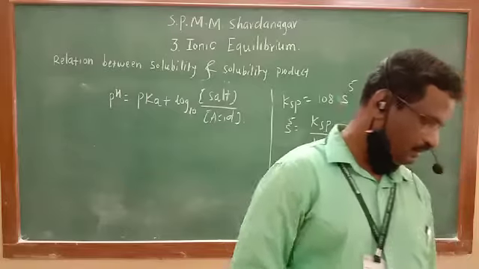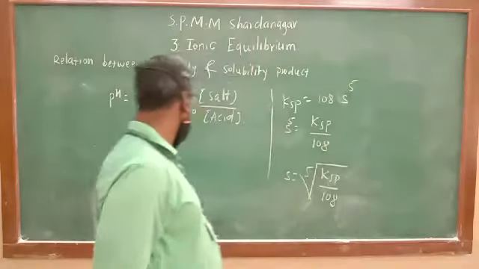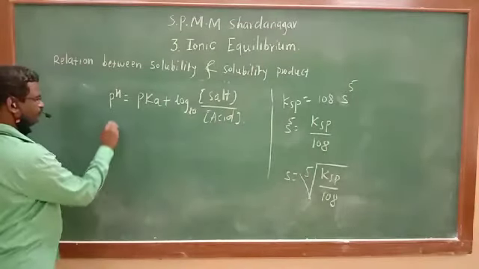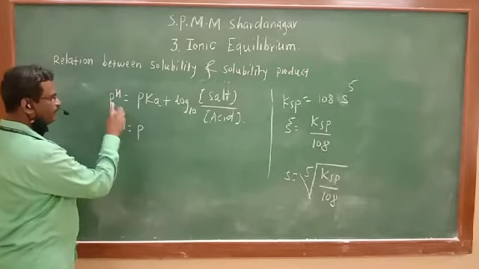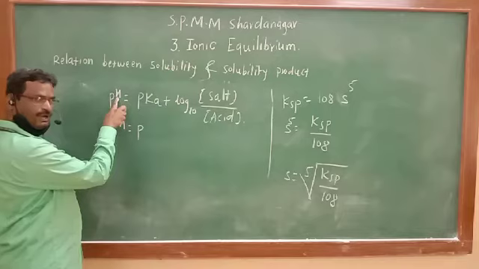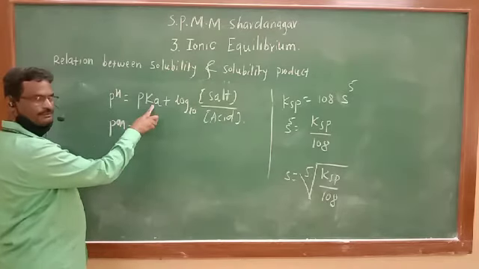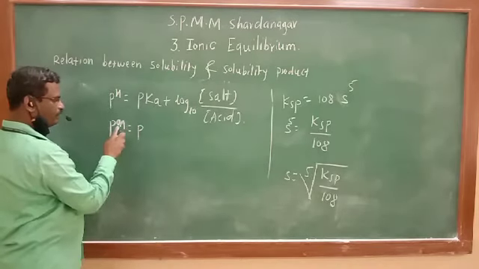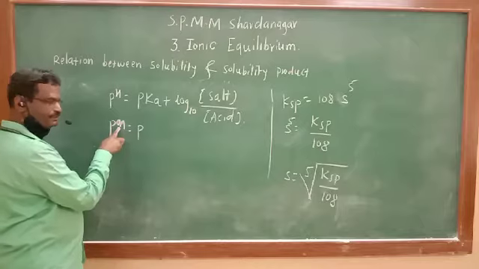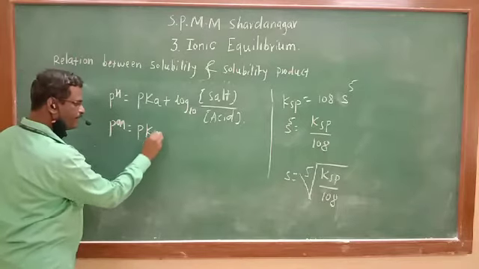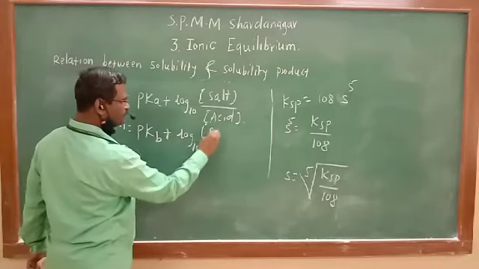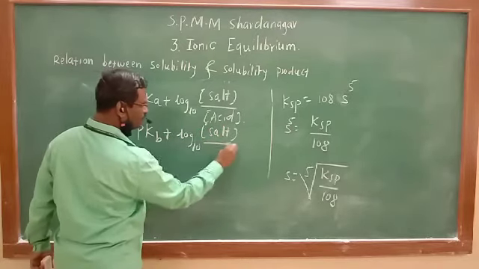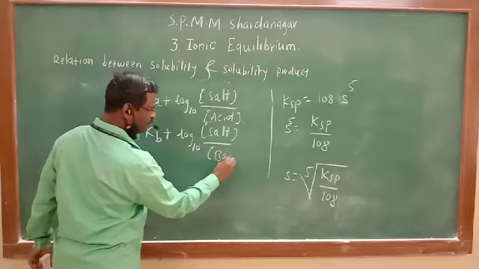And for pOH, instead of pKa, pH, H for acid, so pKa, A for acid, pOH, OH for the base, so it is pKb plus log to the base 10 of concentration of salt divided by concentration of base.